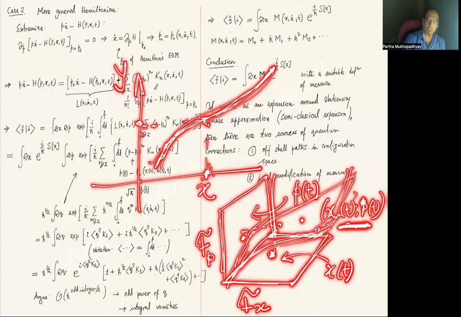So if you use this surface to eliminate P, because now P is related to X, then P is eliminated from your calculation, and your entire calculation can be done from the point of view of X space. That is the idea.